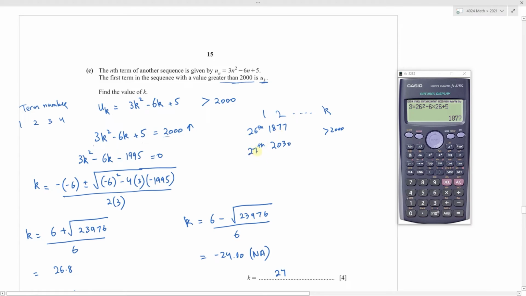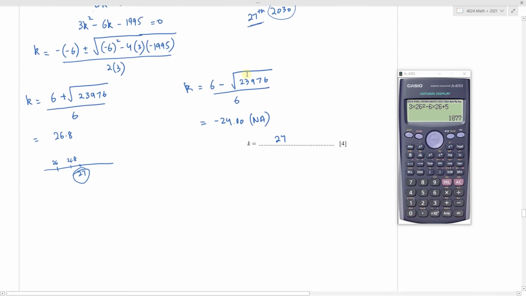So the 27th value, or k equals 27, is the first term in the sequence that has a value greater than 2000, which is 2030. All the previous values, 26th, 25th, and so on, are all less than 2000. So the first value greater than 2000 is 2030, which is the 27th value in this sequence given by this. So that's how you will solve this problem.